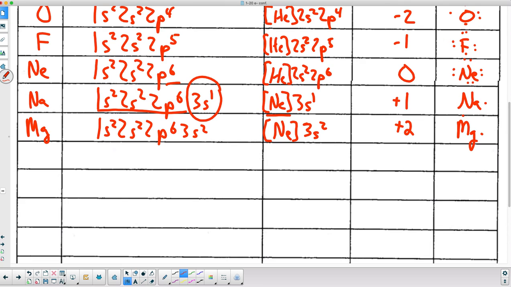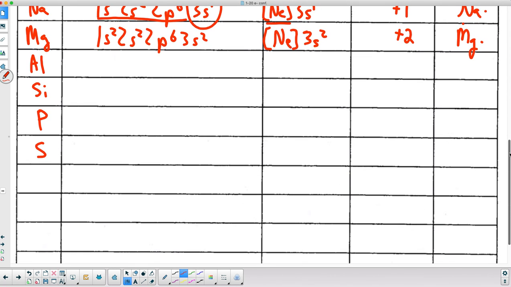So after magnesium, of course, it's going to be aluminum, and then silicon, and then phosphorus, and then sulfur. Let me get down to the bottom here. I want you to finish this up. There we go. Sulfur, and then chlorine, and then argon for my 18, and then it's going to be potassium and calcium at the bottom for the last one.